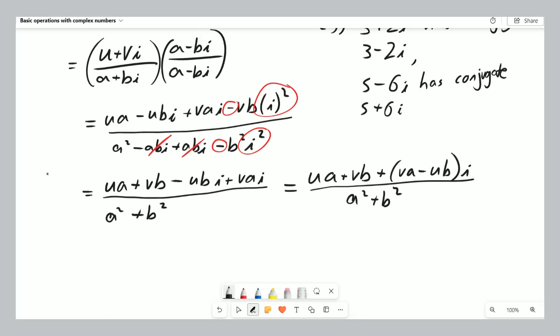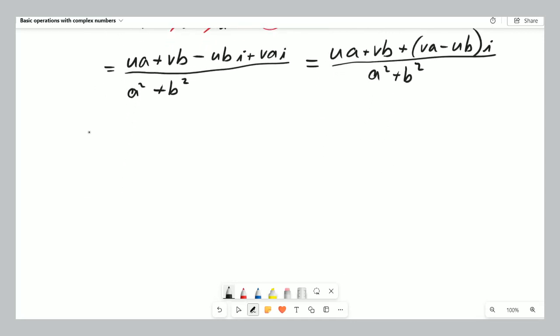The trick is just multiplying top and bottom by the complex conjugate of the denominator. And again, it looks like a long formula, but it's just opening brackets.